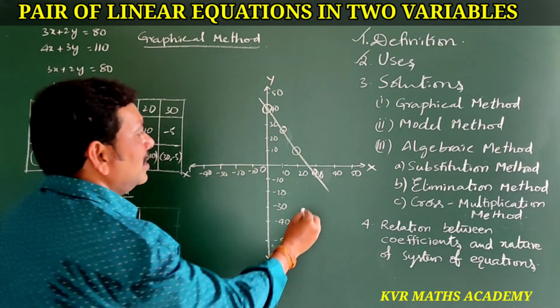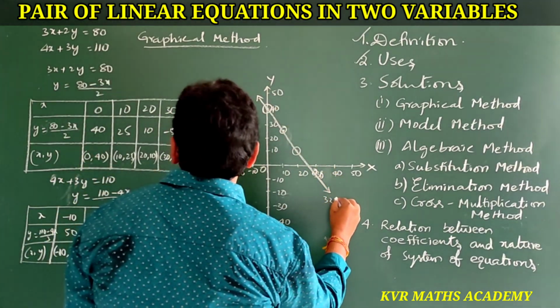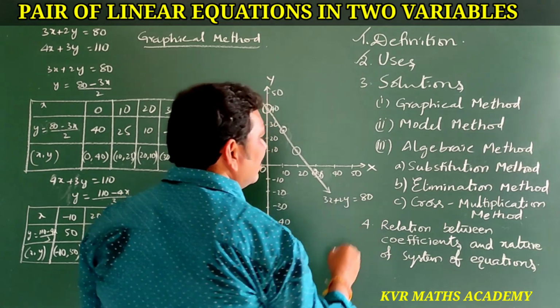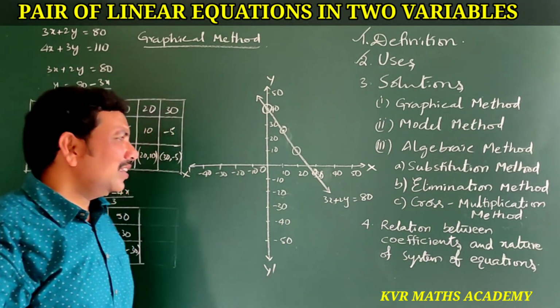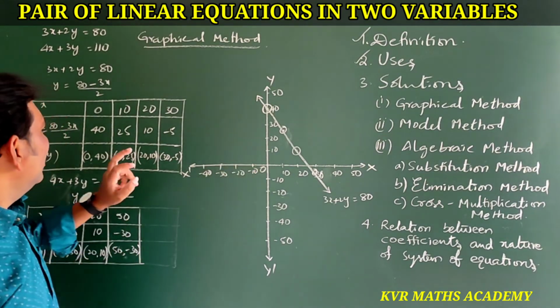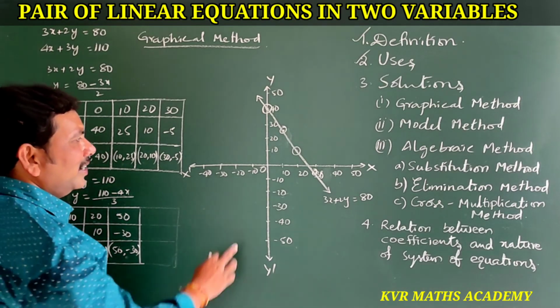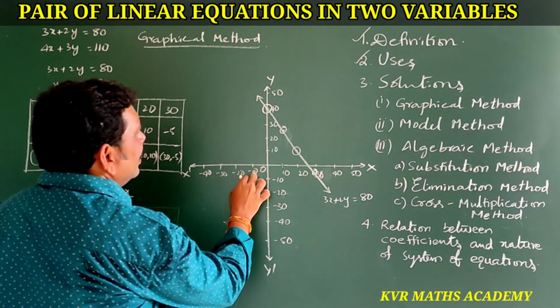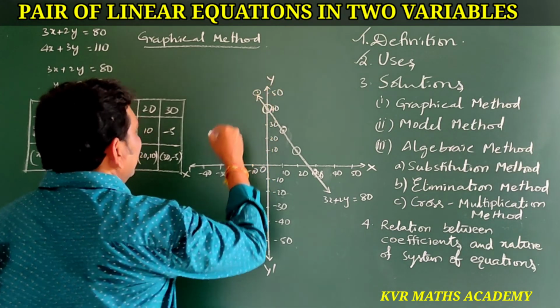This is 3x plus 2y is equal to 80. Next, second graph. First minus 10 comma 50. Minus 10 comma 50, this will be here, right?